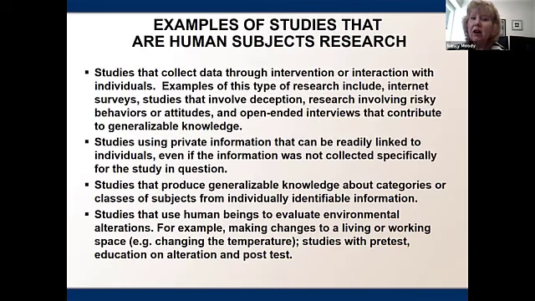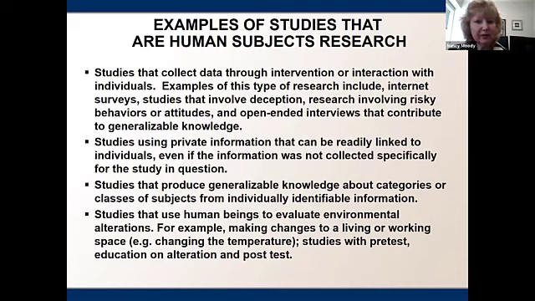Examples of studies that are human subjects research include internet surveys, studies that involve deception, research about risky behaviors or attitudes, and open-ended interviews that contribute to generalizable knowledge.